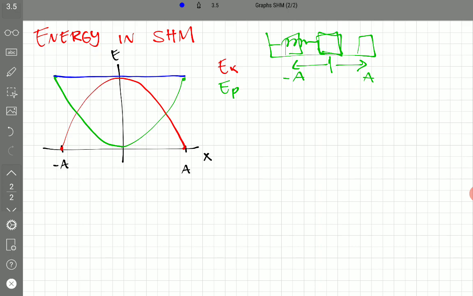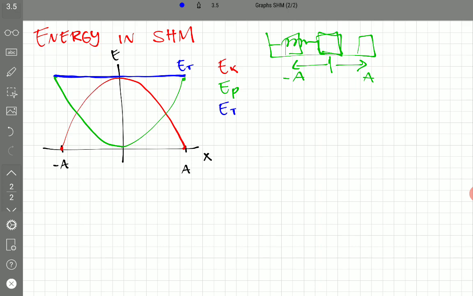Maybe the kinetic is 5 and the potential is 5, or 2 and 8, or 7 and 3, but if you add them, it will always add up to that total value of 10 in that particular example.